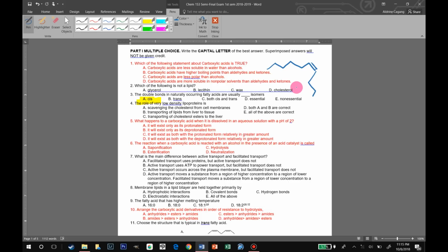Whereas, on the other hand, your trans isomers are more likely to follow the linear chain of your fatty acid, because again, it's able to maintain the straight structure.